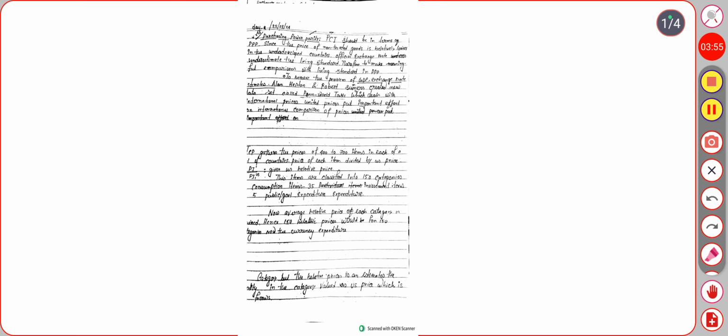In purchasing power parity, per capita income should be in terms of purchasing power parity, since the price of non-traded goods is relatively lower in the underdeveloped countries.